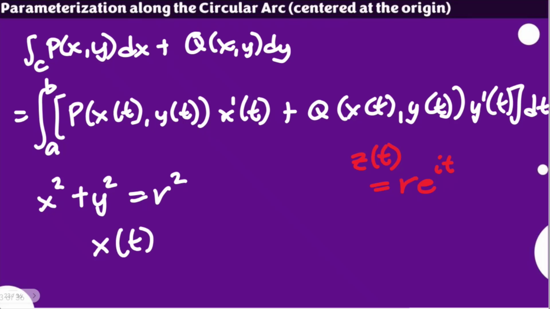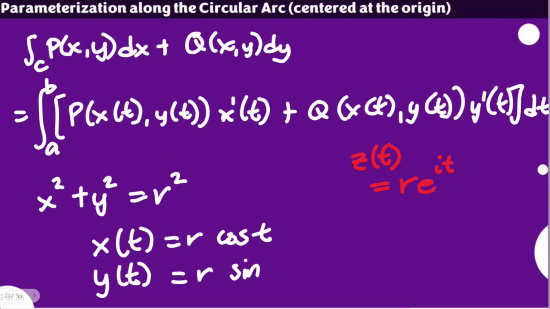Now this is how it goes. Your x of t is equal to r cosine of t, and your y of t is r sine of t. These are the forms for our parameterization for the real line integral along a circular arc.